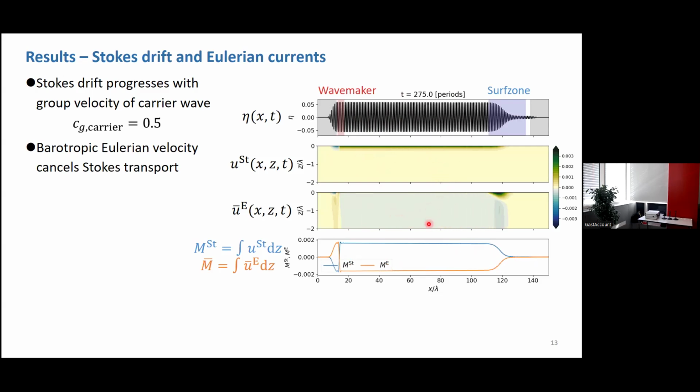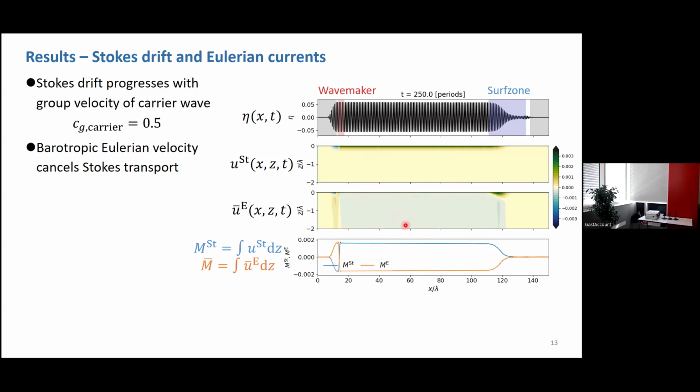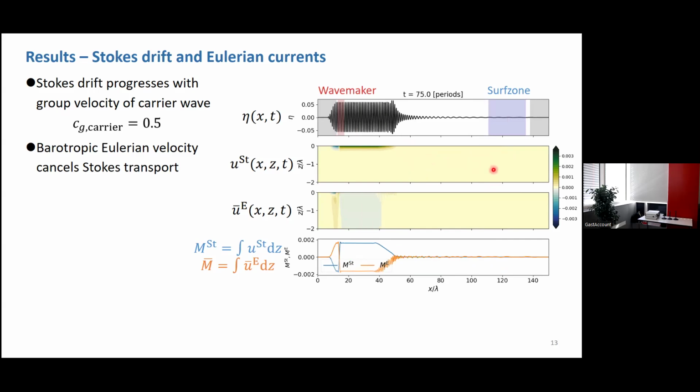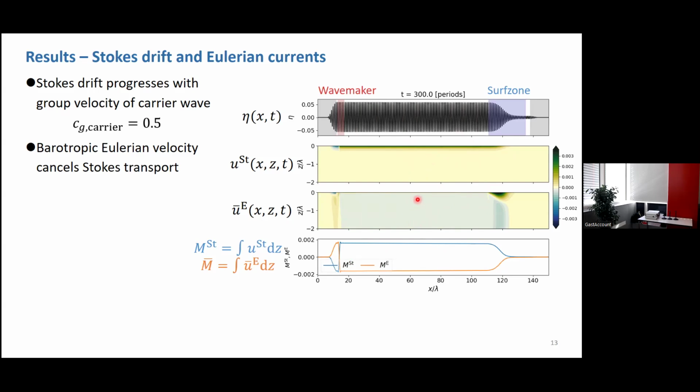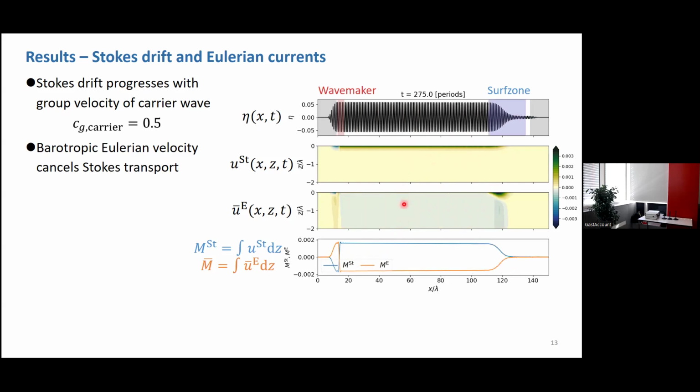It is kind of hard to see, but maybe you can see the pale blue color, which means that leftward velocity is attached to the Stokes drift pattern, which propagates towards the right with the group velocity of the carrier waves. Also, this return flow is almost vertically uniform, so it has a barotropic structure.